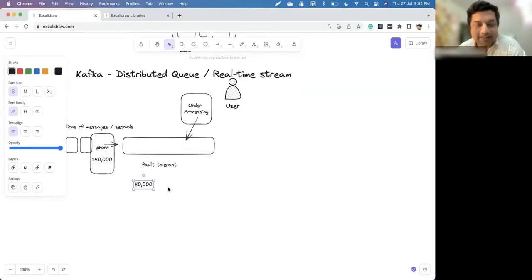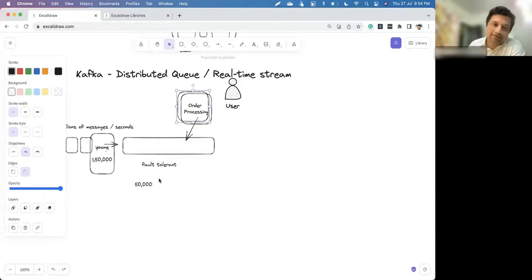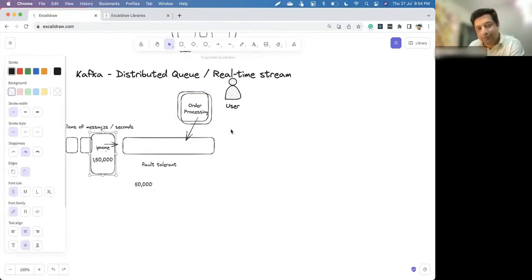But in this case you have multiple servers, so another server will pick it up and reprocess it. So you can do reprocessing and retry also. If there is some temporary issue, you can just reprocess it, and then this message will get processed.